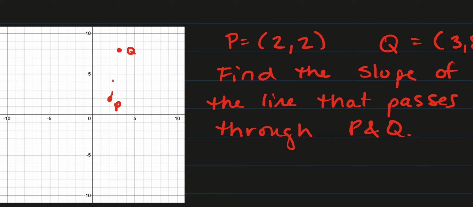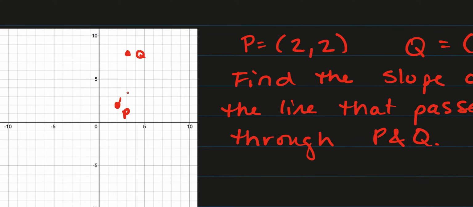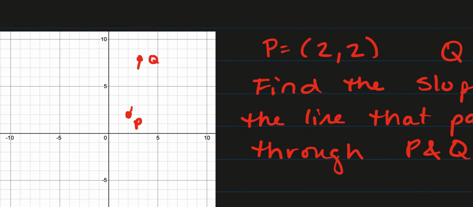Let's see. I'm going to do my best to draw a line through these two. It might not be perfect because I have a hard time drawing on this software, but okay, let's try one more time. So something like this. I think you get the idea.